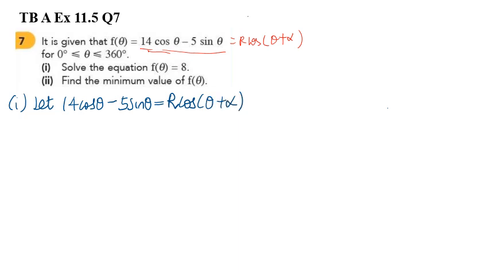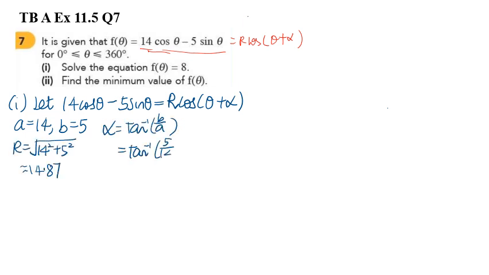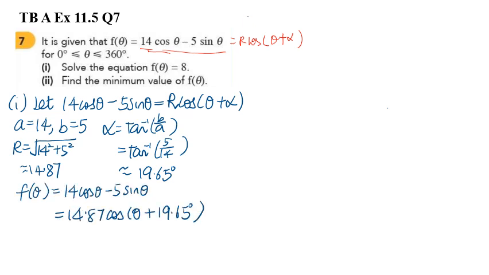A will be 14, B will be 5. Then we can find the values for R and alpha, and express it as a trigo function for f of theta. All right, and then we're going to solve it. Since f of theta equals 8, what we're saying is that 14.87 cos bracket theta plus 19.65 degrees gives you 8.